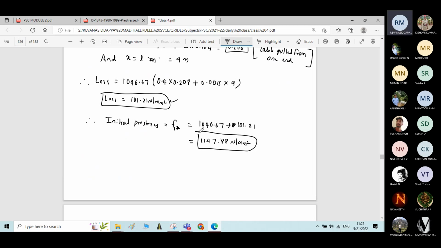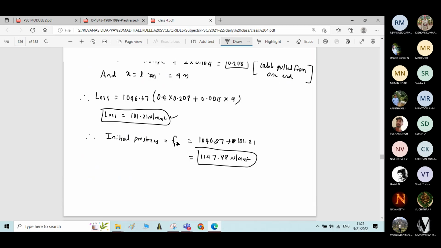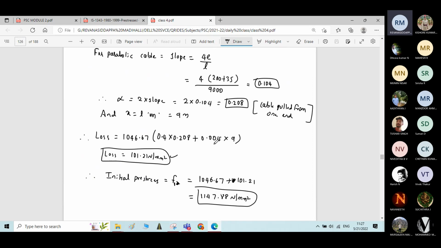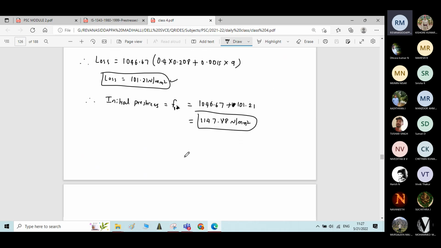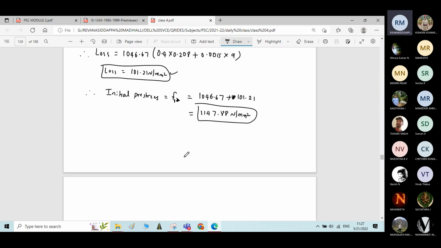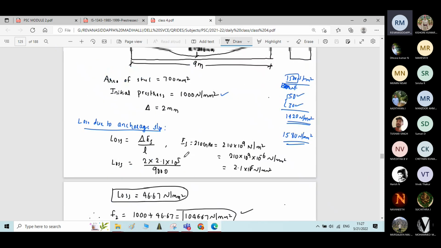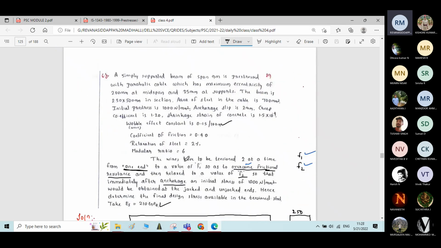Now the next step is to calculate the remaining losses: loss due to shrinkage, creep, and loss due to relaxation. In this problem, the difference is that he said the loss due to friction and loss due to anchorage is overcome by applying suitable initial pre-stress.